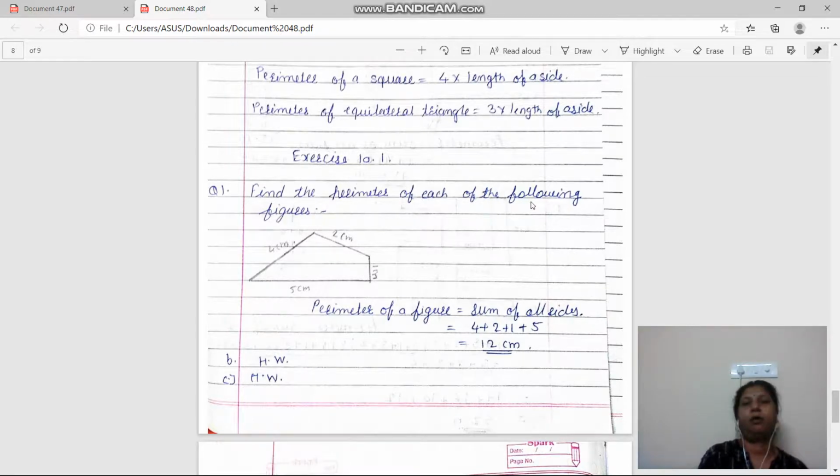Find the perimeter of each of the following figures. So see the figure, it is not a regular polygon. Second thing, I can't say it is a trapezium or parallelogram, but it is a quadrilateral, right? So the regular lump sum formula you have to use here. What is it? The perimeter of a figure is equal to the sum of all sides. Now write carefully the sides of the given figure: 4 centimeter plus 2 centimeter plus 1 centimeter plus 5 centimeter.